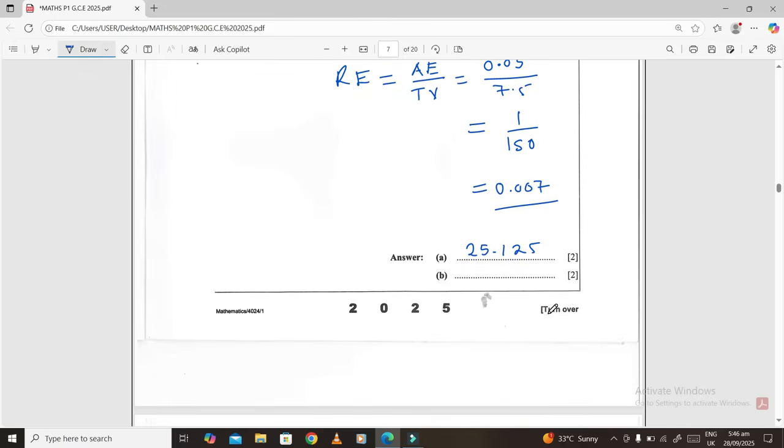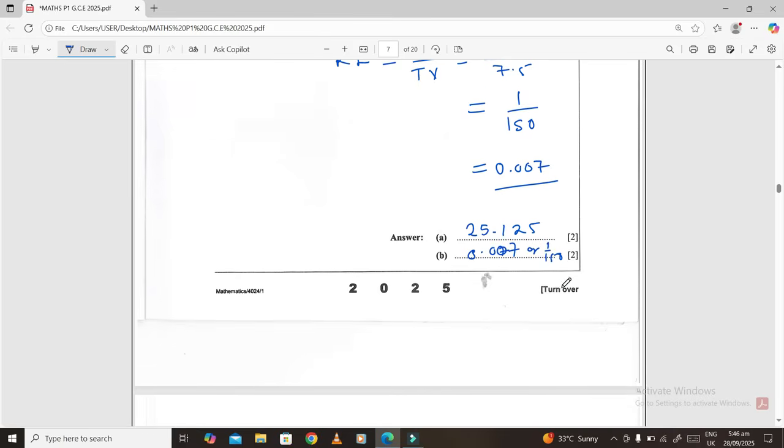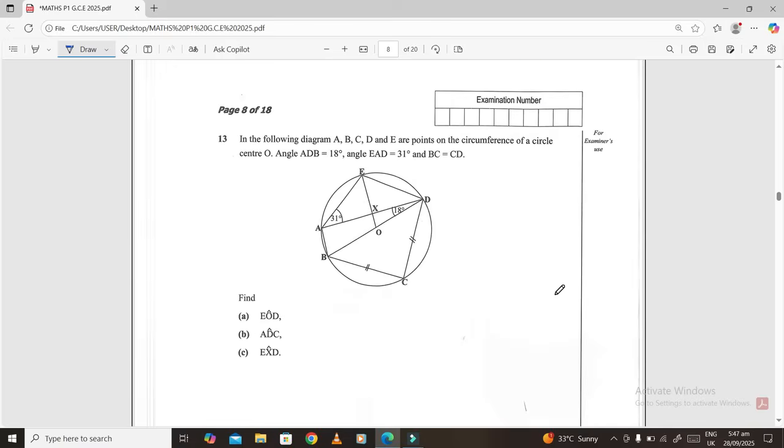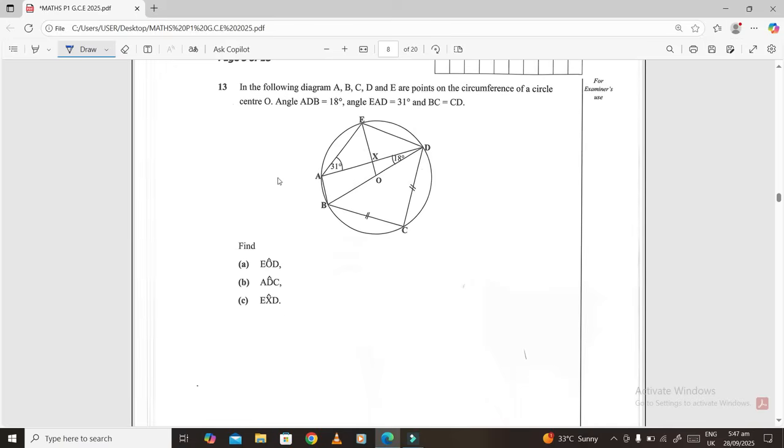So we can write our answer here as 0.007 or 1 over 150. Just write one of these answers, don't write both. I just wanted to show you. So we go now to question 13.